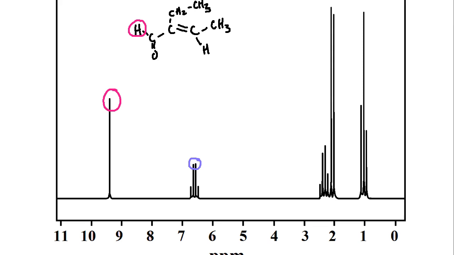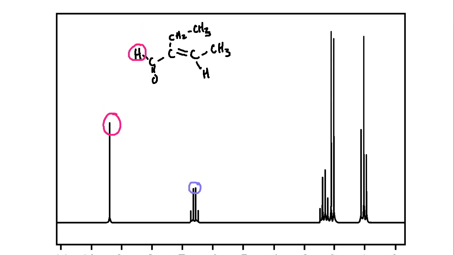This is sitting around a 6.5, a 6.6, somewhere in there. And if it's going to be a number that high, I would expect it's going to be aromatic or vinylic. And we do not have an aromatic compound here, but we do have a vinylic proton, right? This vinylic proton, just by the ppm estimation alone, would be the candidate.